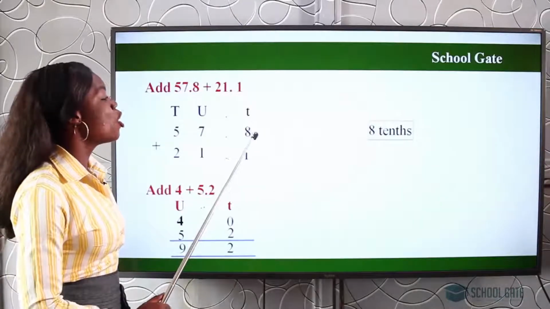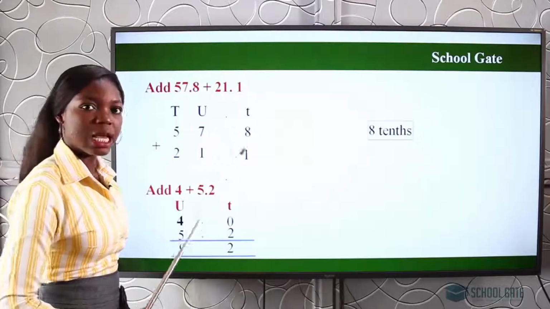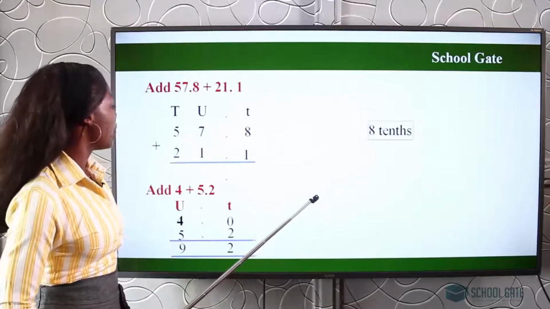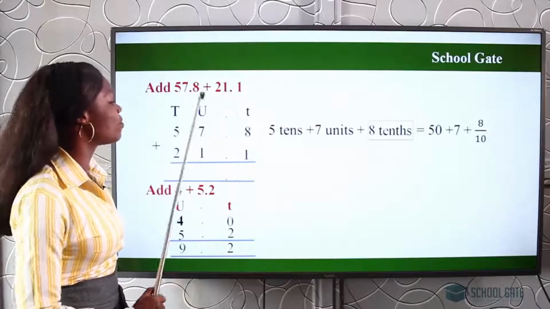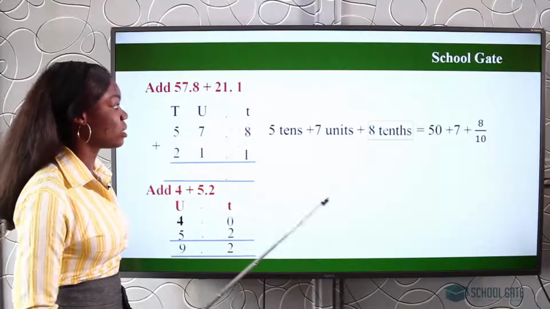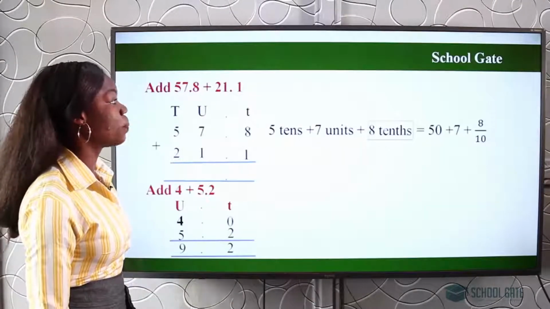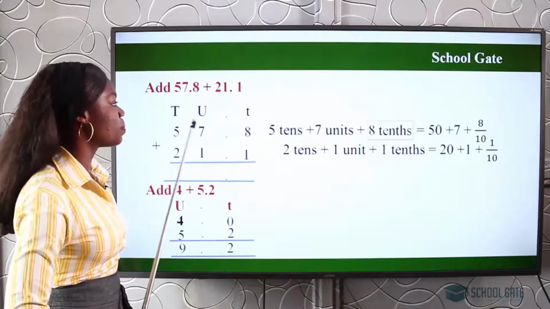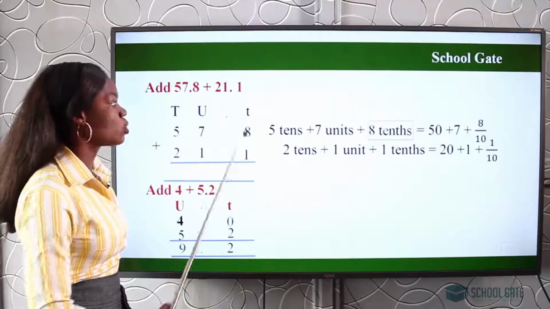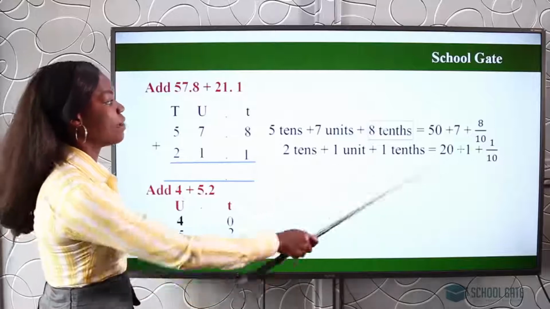As you can see, you arrange it accordingly so that you'll be able to add properly. This is 50 plus 7 plus 8 over 10, and then we have 20 plus 1 plus 1 over 10.